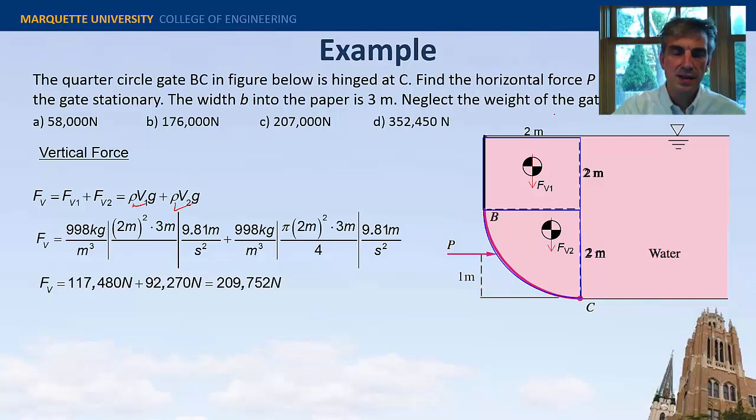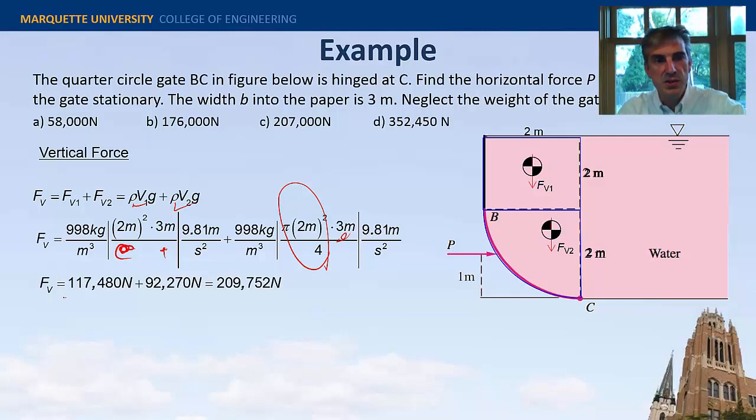Easy enough to figure out. This is a square cylinder into the board, and this is a quarter circle cylinder into the board. So they have easy enough geometries to calculate. This is the square times 3 meters into the board, and then a quarter of a circle times 3 meters into the board.